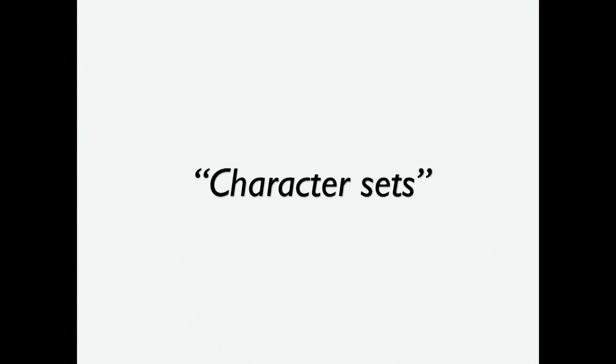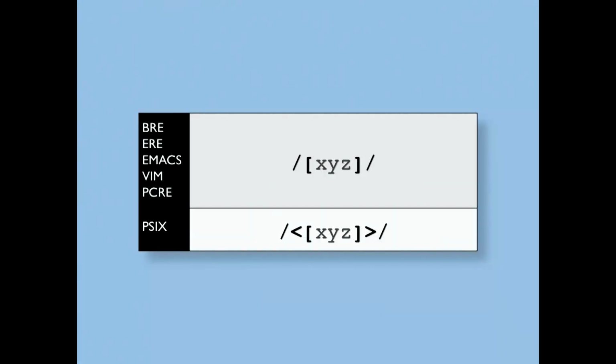And a character set in almost all of the dialects is simply represented by square brackets around a list of characters. And in the Perl 6 dialects, by angle brackets and square brackets around the list of characters. And so when I write square brackets around a list of characters, I'm not saying match X and then Y and then Z. I am saying match X or Y or Z at this position.